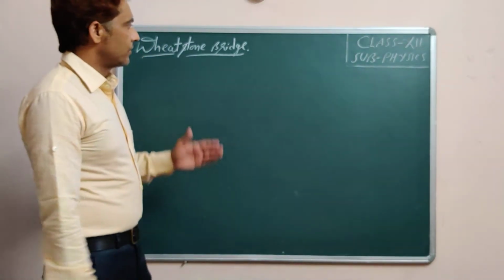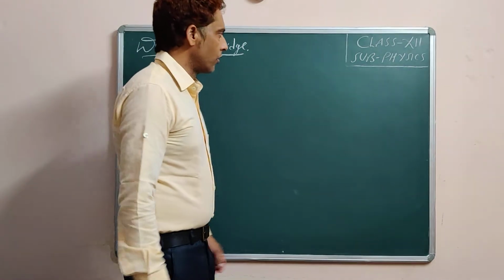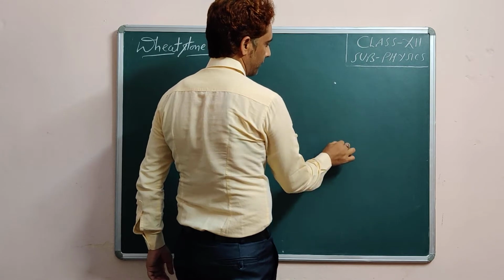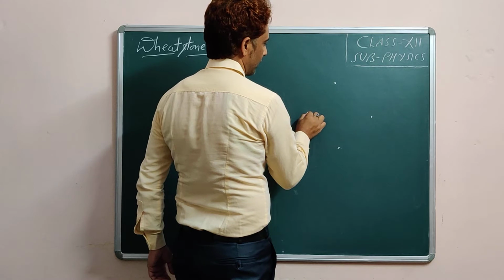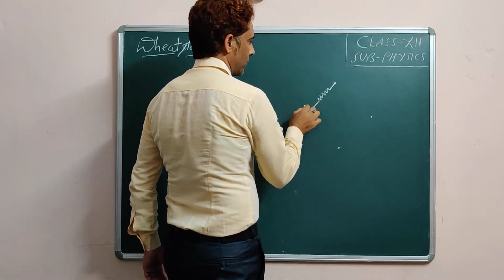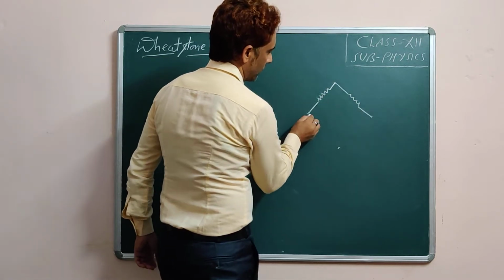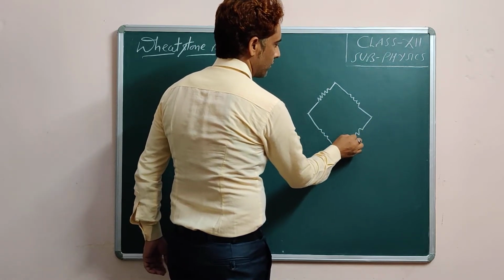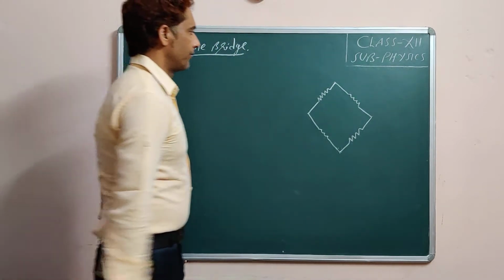that circuit. So first, in order to discuss the Wheatstone bridge principle, I will draw the electrical circuit. So these are the four resistors.